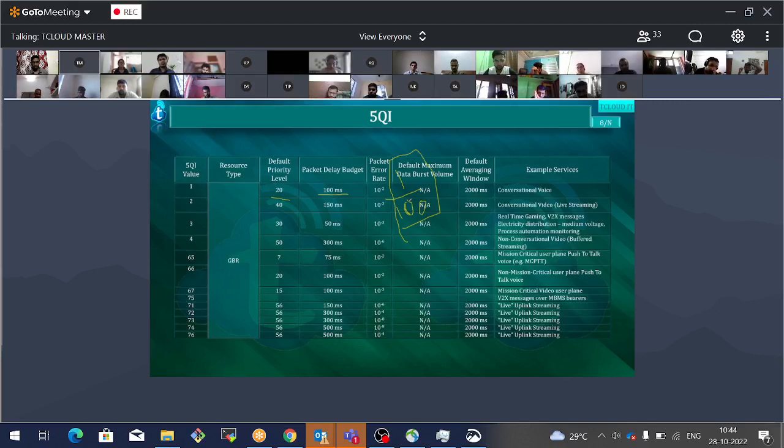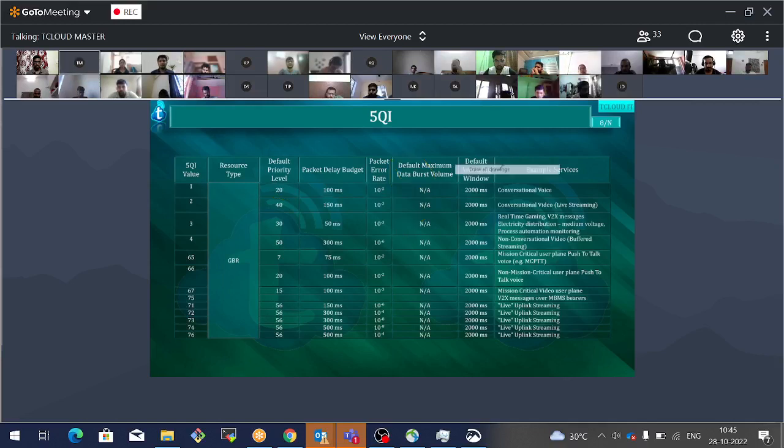Only one voice packet the network may miss, which is within the limitation of what is allowed. If you cross that packet error rate, you consider the service as a bad service.